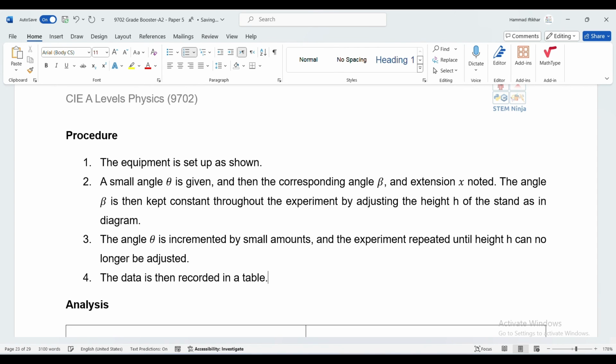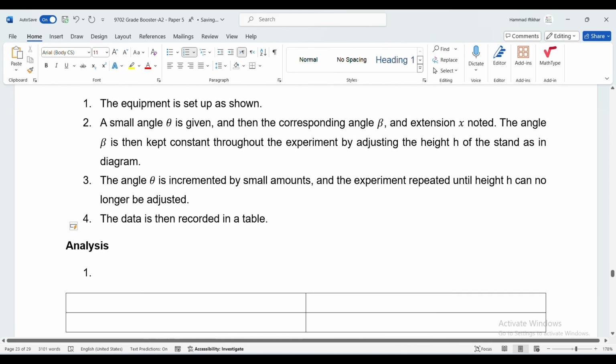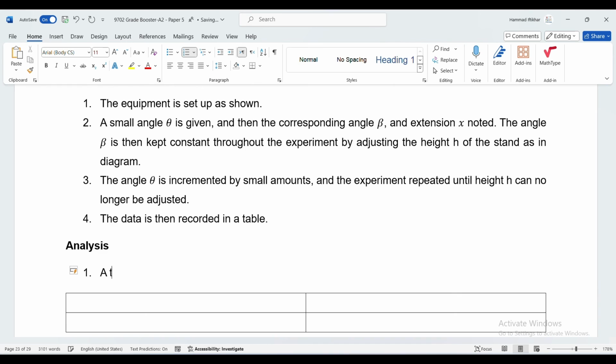Okay, all right. Now comes the analysis portion of this. In the analysis portion, we will talk about how the table is going to be made. A table is made to record and analyze the data.